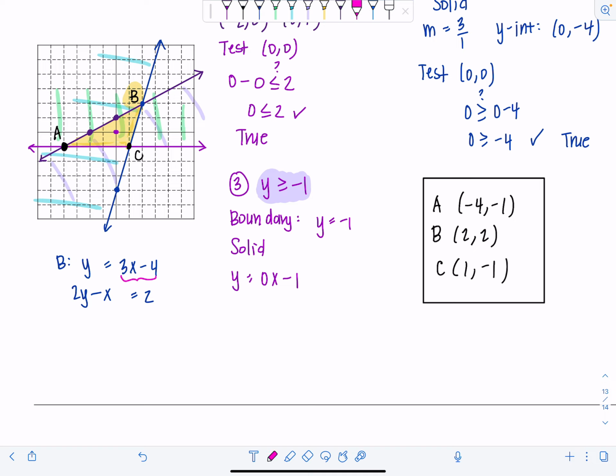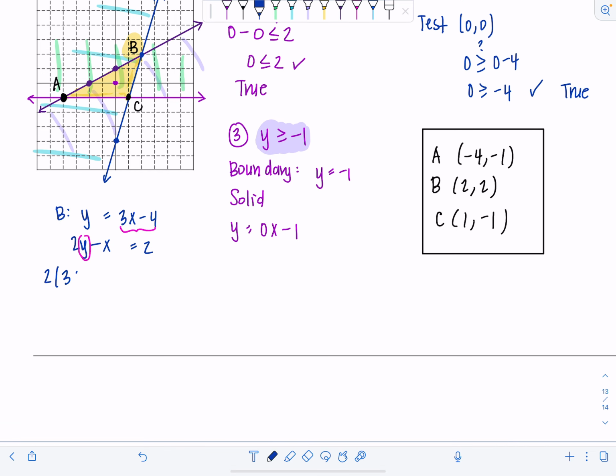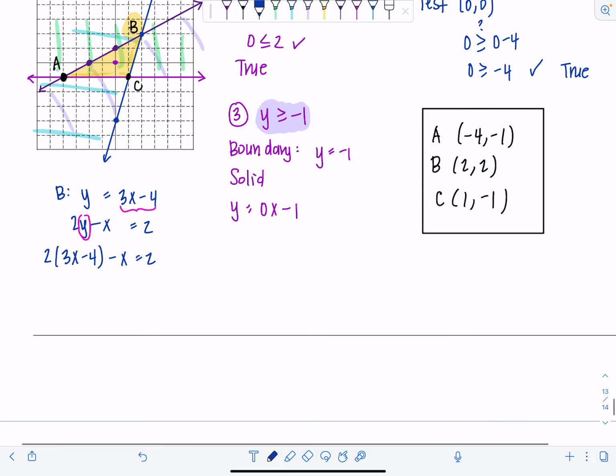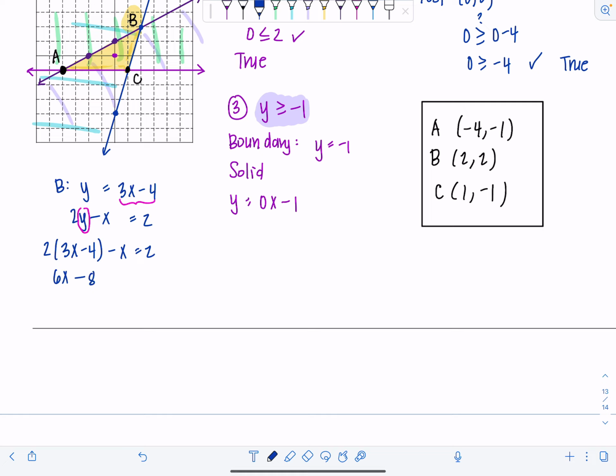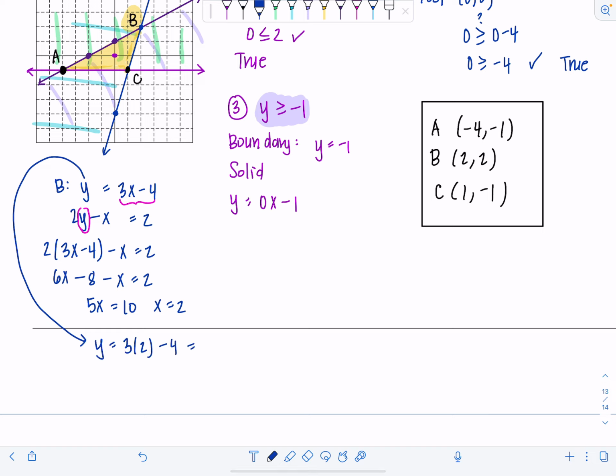Substitute in 3x minus 4 for y, if you want. And then we're going to have 2 times 3x minus 4 minus x equals 2. This is going to give us 6x minus 8 minus x is 2. So then I have 5x minus 8, let's move it over, equals 10. So x equals 2. And then you can go back, figure out the y coordinate. Y equals 3 times 2 minus 4. 6 minus 4 is 2. So that point is 2, 2, like we saw from the graph.